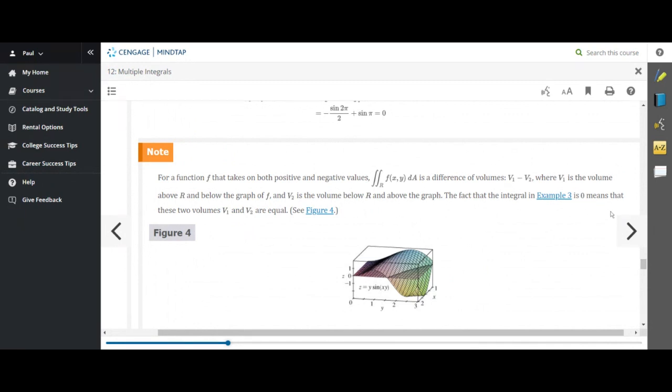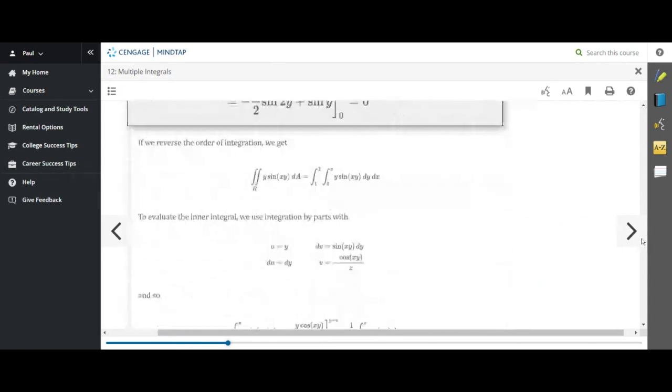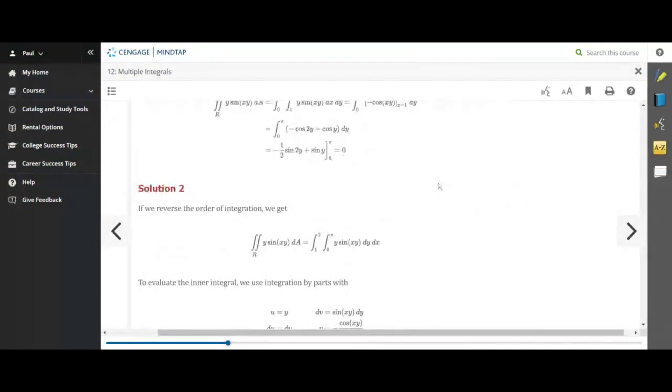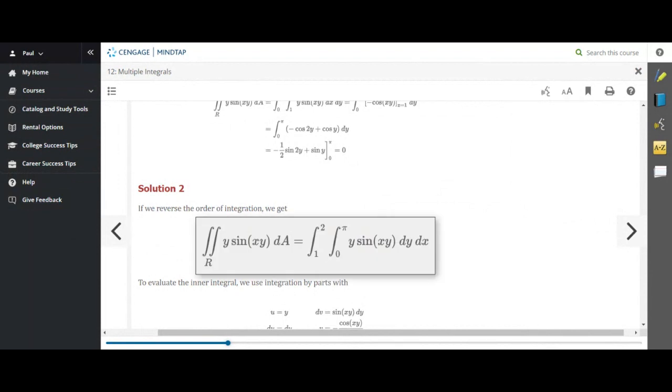Now, one more thing about this problem. Because you have constant limits, you can reverse the order of integration and integrate with respect to y first and then x.